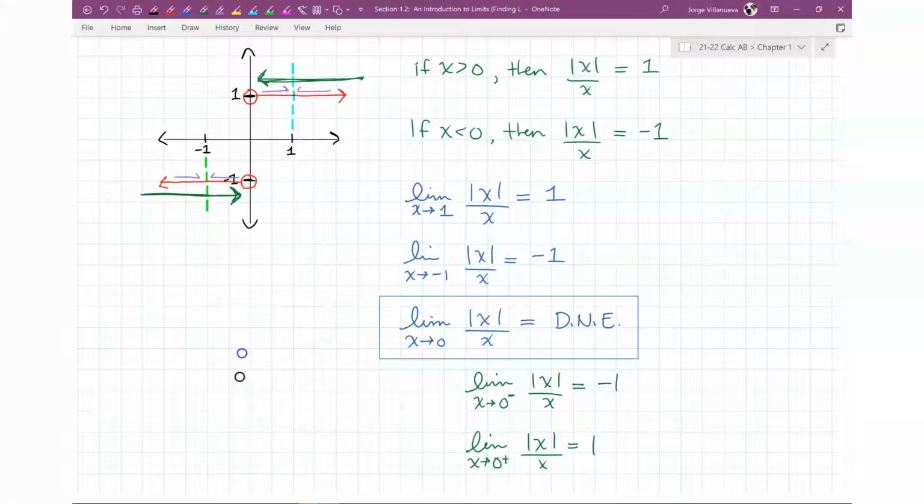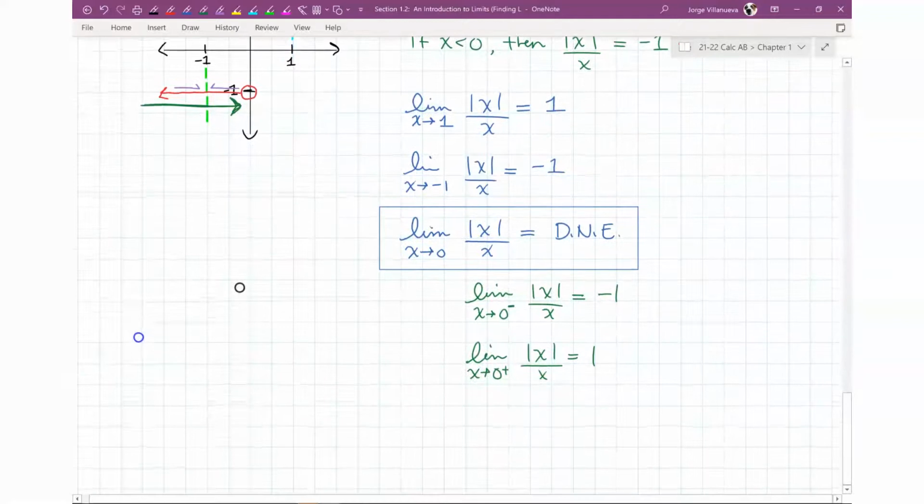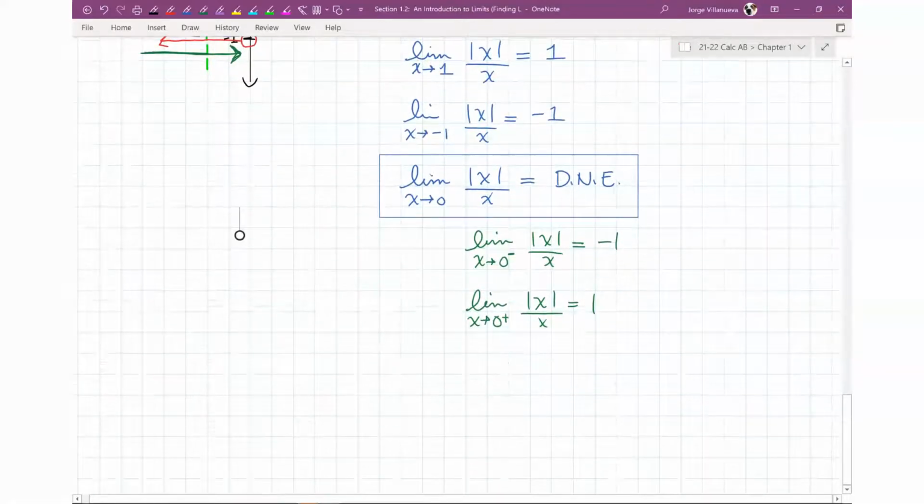Okay. So what about a graph that looked like this? What if I drew a graph that looked like this? Hold on. Give me a second.